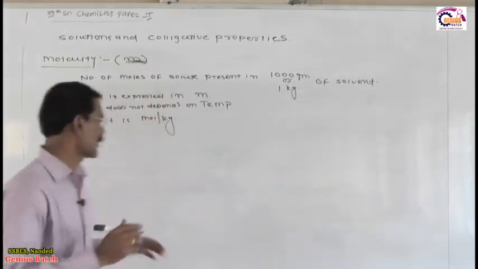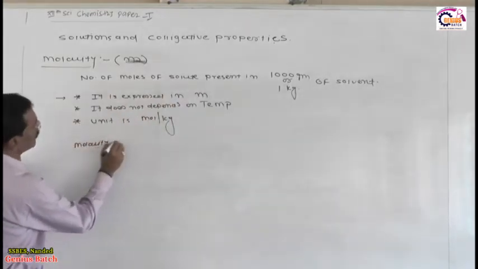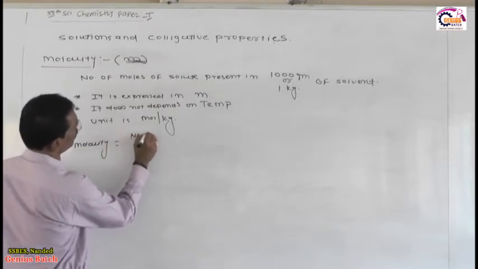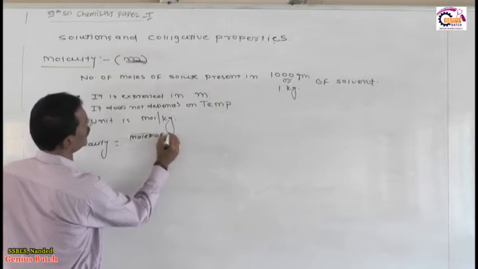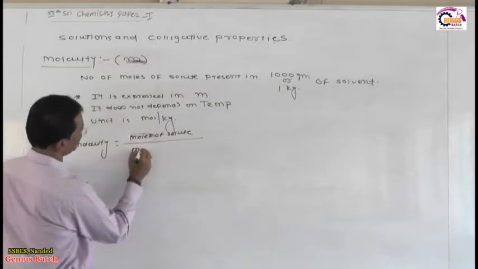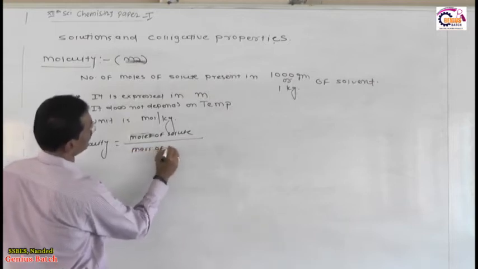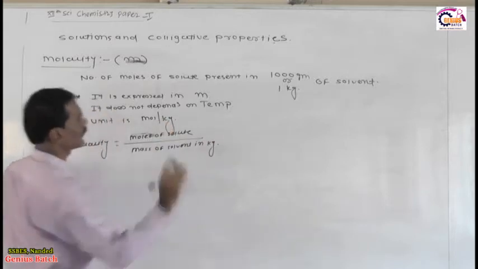Now, what is the formula of molality? Molality is equal to moles of solute divided by mass of solvent in kilogram.